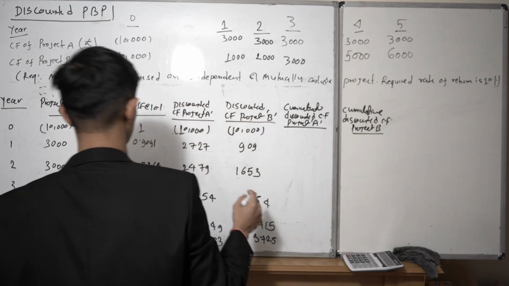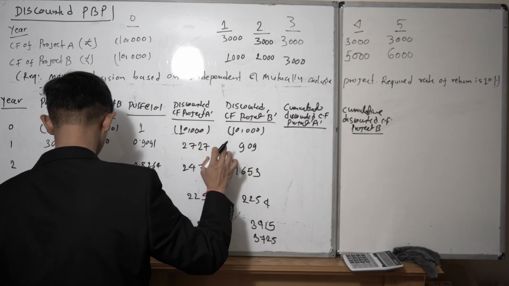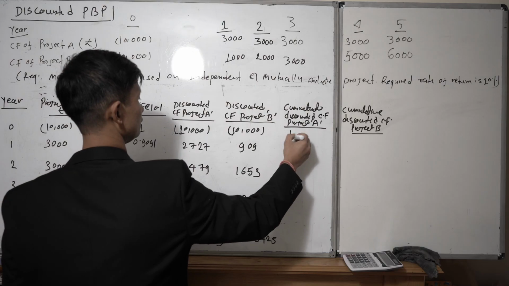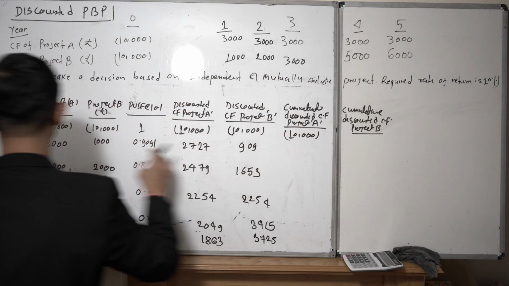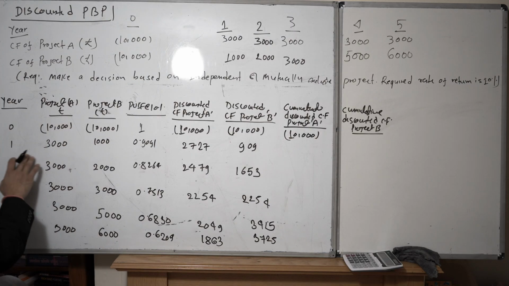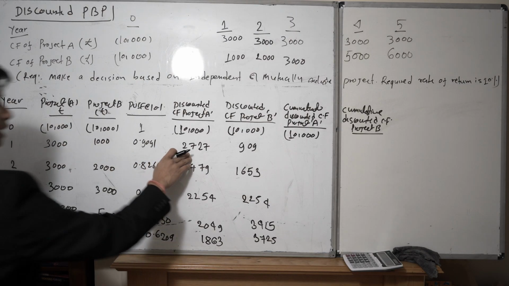Let's accumulate. For year 0, the cumulative is minus 10,000, and in year 1, if you look at project A, this is the discounted value.